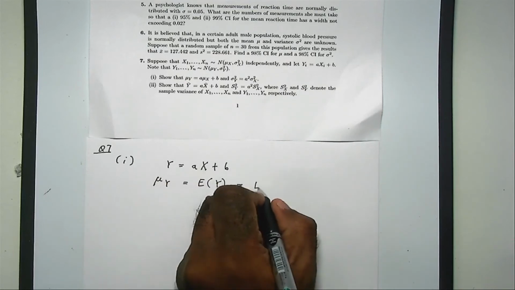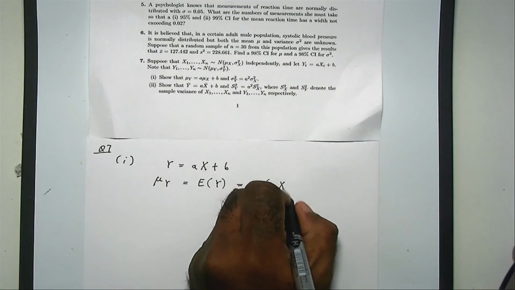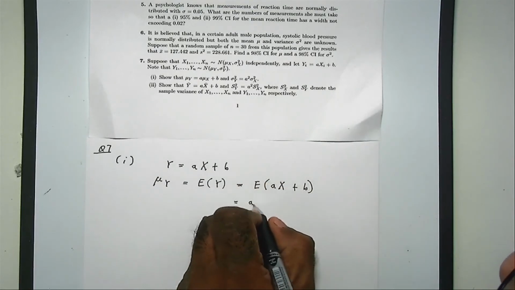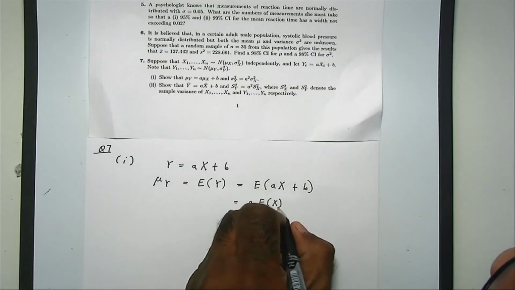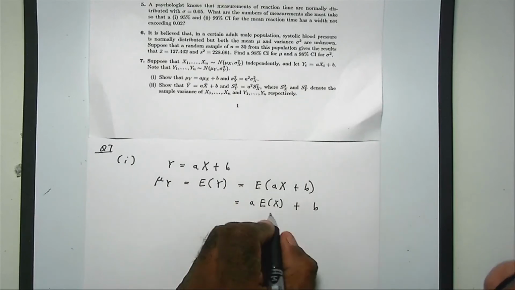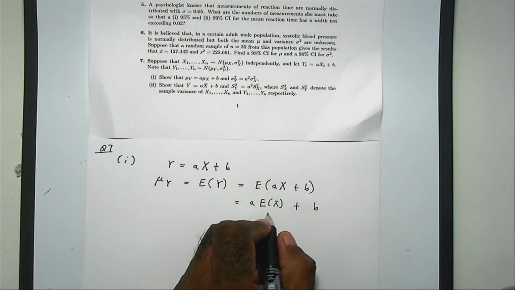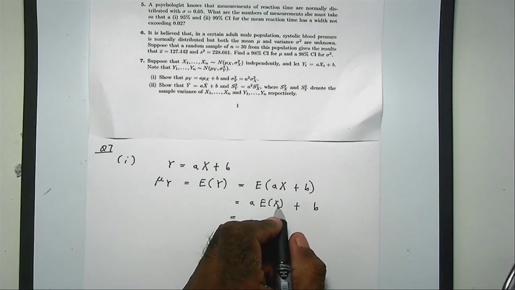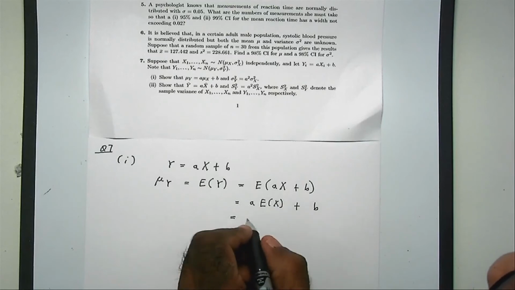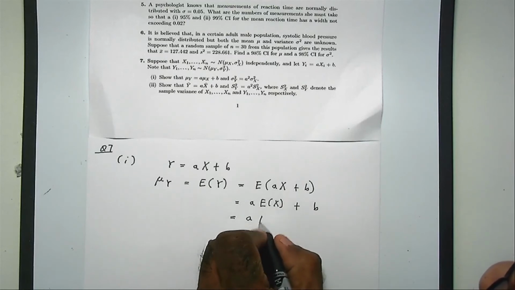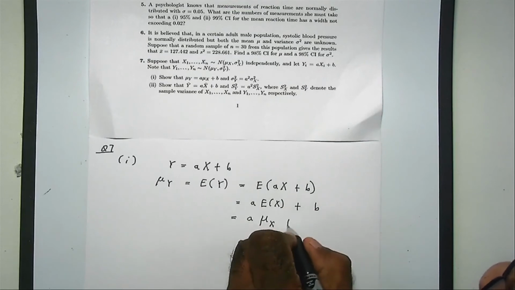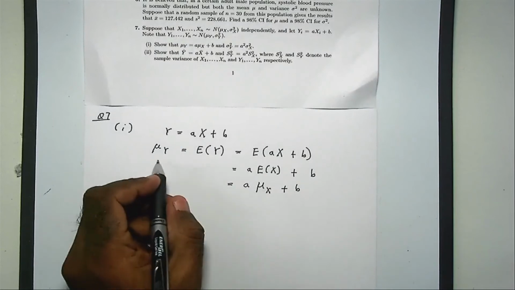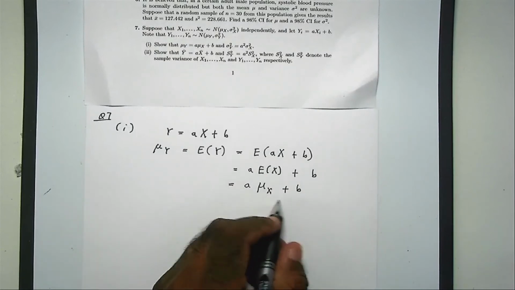This is the expectation of ax plus b, and this is a times the expectation of x plus b. Now the expectation of x is the mean for the distribution of x, which is also normal. So we have shown that mu y equals a mu x plus b.